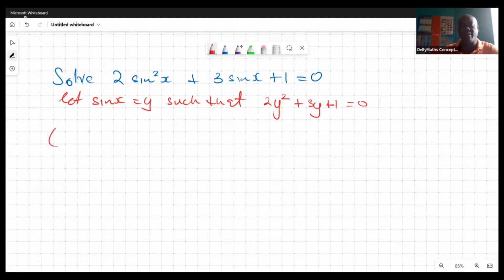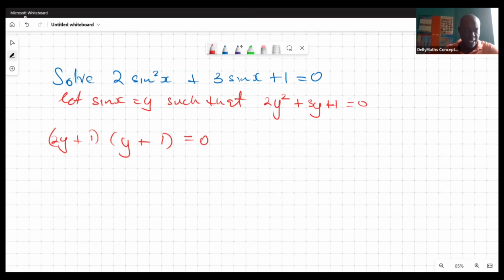So I could factorize this. 2y, we have a y with a plus 1, plus 1, right? So we're looking at 2y plus 1 and y plus 1 is equal to 0.